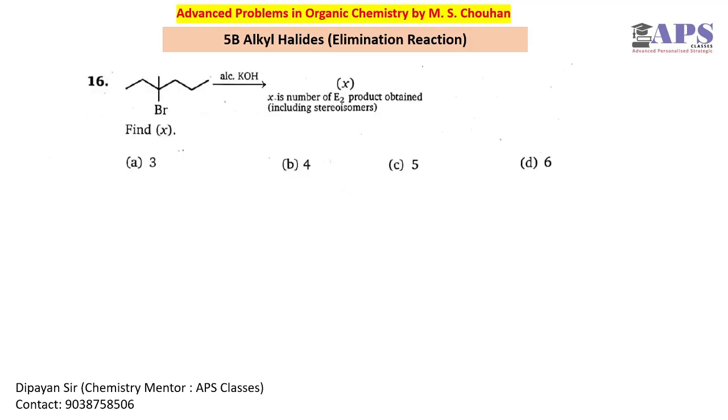Next, question number 16. This is a very interesting question because we have to find the product including stereochemistry. So again we can solve this question elaborately. We have this molecule. This is the alpha carbon. This is beta 1. This is beta 2. And this is beta 3.